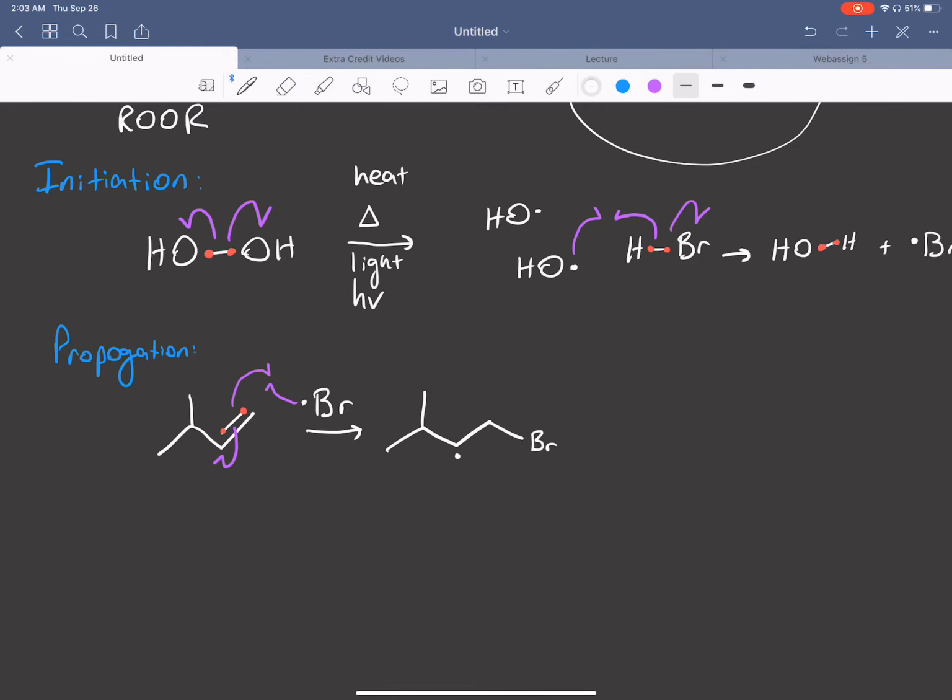And now what we do is to finish our structure, we take another HBr. Right, we take another HBr, and then we're going to have the radical itself also attack. Okay, so the radical is now going to attack our H right here. Well, it's not going to attack the H. This bond also breaks to form a bond, and then one of the electrons comes to the Br, right?